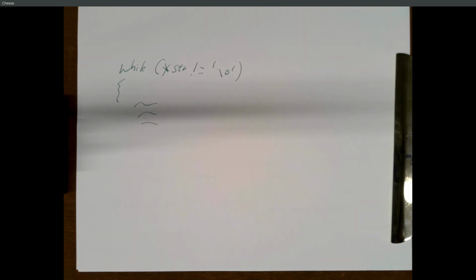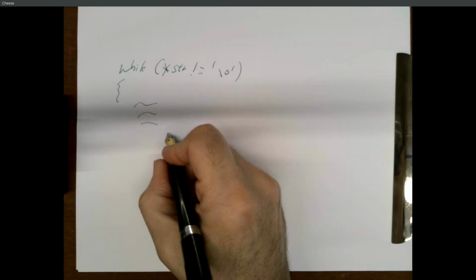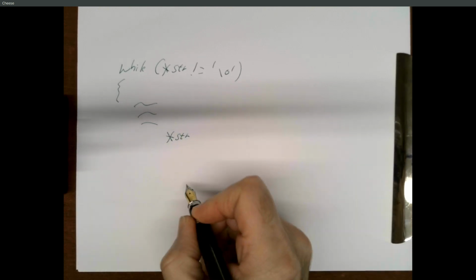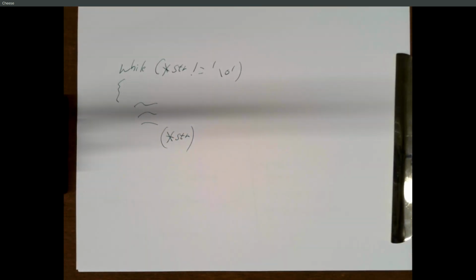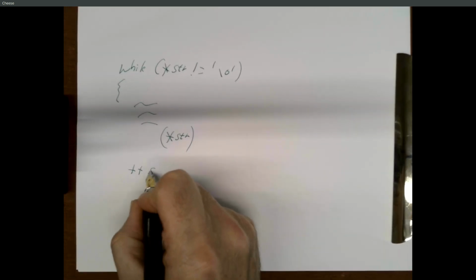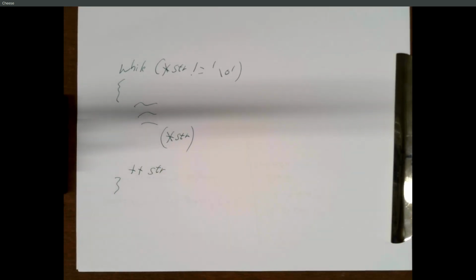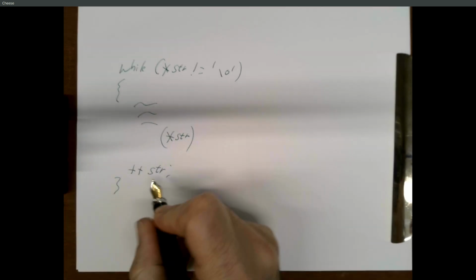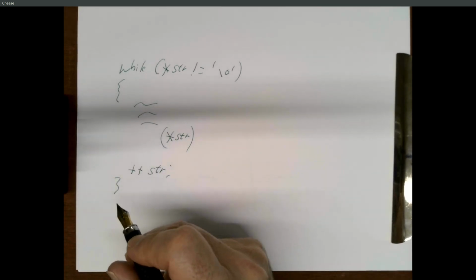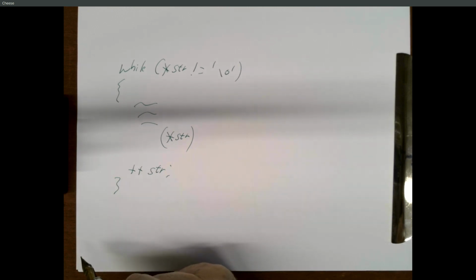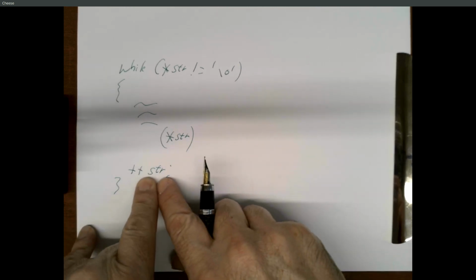And when we want to access the character that str is pointing to, we can say star str. That's a character. And then at the bottom of our loop, we can actually say increment str, because str is an address in memory. If we increment that, now str is pointing at the next character.